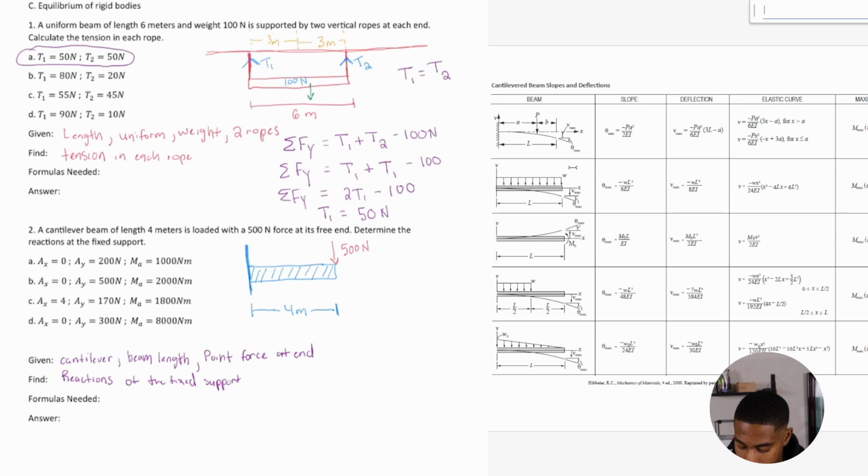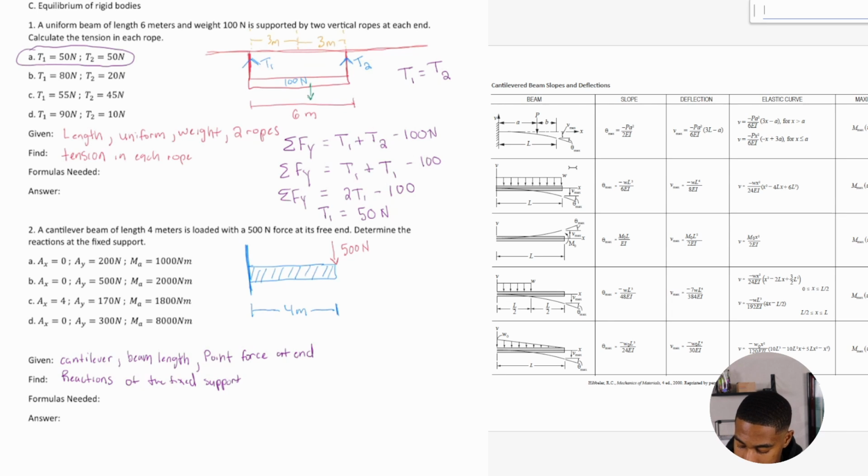Okay, determine the reactions. Okay, so for a fixed type of support, how many reactions do you have? Well, we go through them one by one, right? It's the only way you can do this, literally step by step by step.